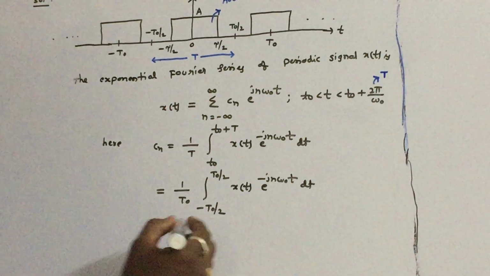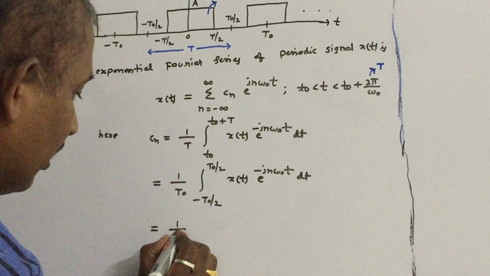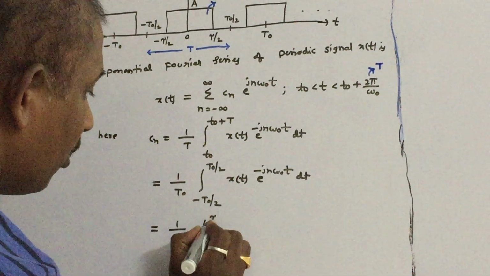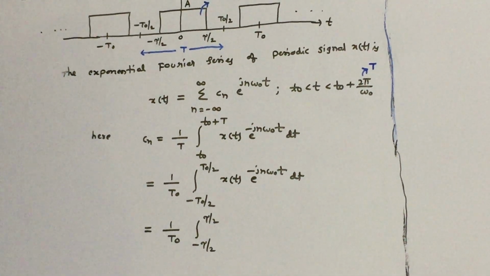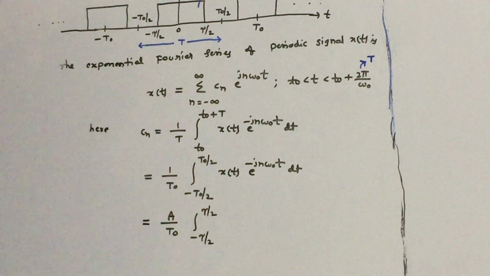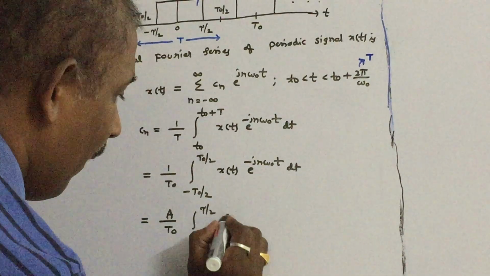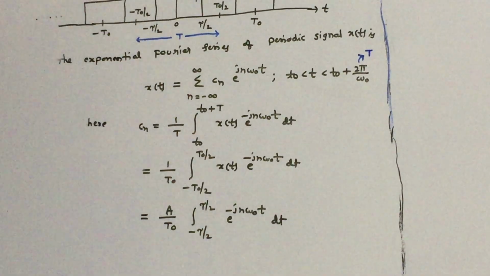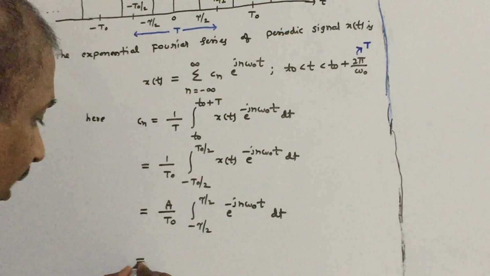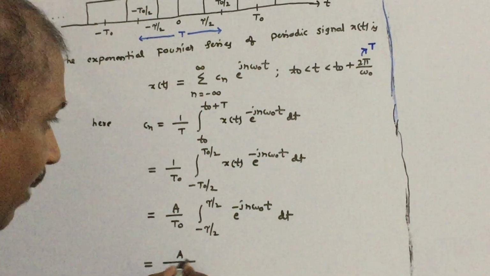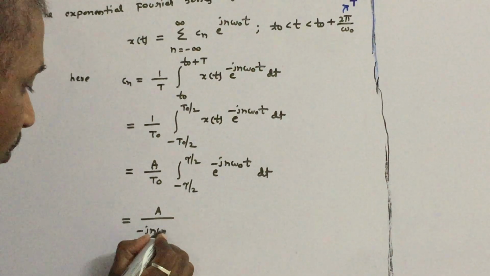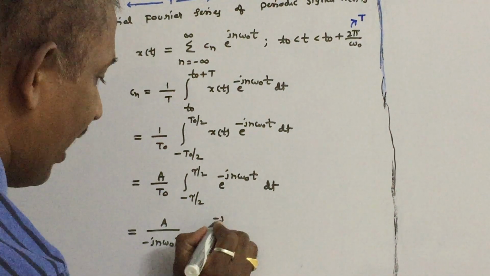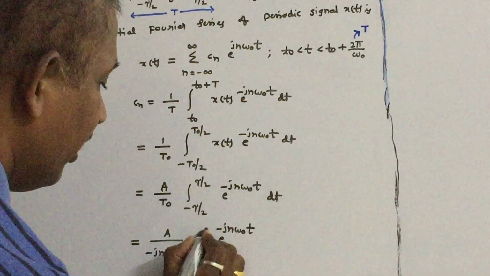dt. But again, in this interval, the rectangular pulses are extending from minus tau by 2 to tau by 2. So in this interval, x of t amplitude is a, take a outside. So e power minus j n omega 0 t dt. What is the integration of this? A by minus j n omega 0 t0 into e power minus j n omega 0 t.